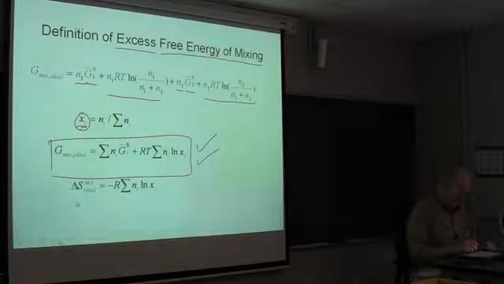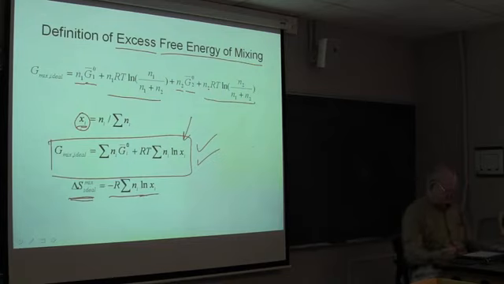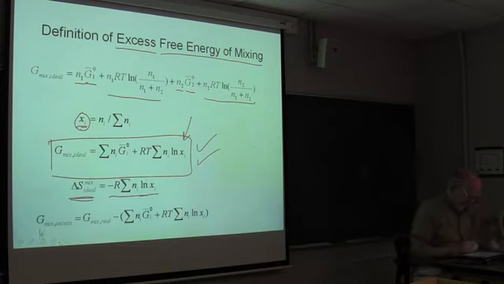Whoops, I'm sorry, I should have told you about the ideal entropy of mixing, and it's simply minus R sum Ni log Xi, and you can easily calculate that from this by simply taking the temperature derivative. The excess energy of mixing is the free energy that you observe when you mix them together, and then you subtract off the ideal free energy of mixing.